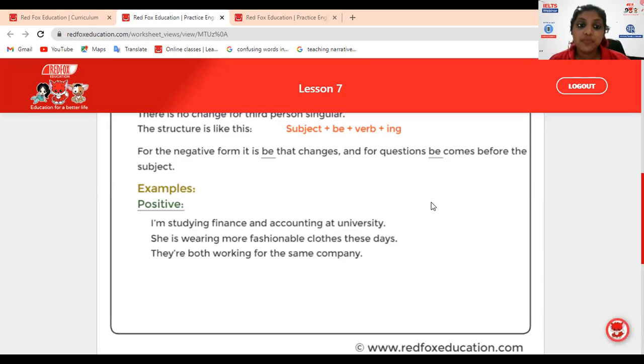Okay, just a small thing for all of you. She is wearing more fashionable clothes these days. We will also do another session on pronunciation, because different words are pronounced differently in different regions. And it is important that when you go to your IELTS exam, your pronunciation should be correct. People don't look at the accent.